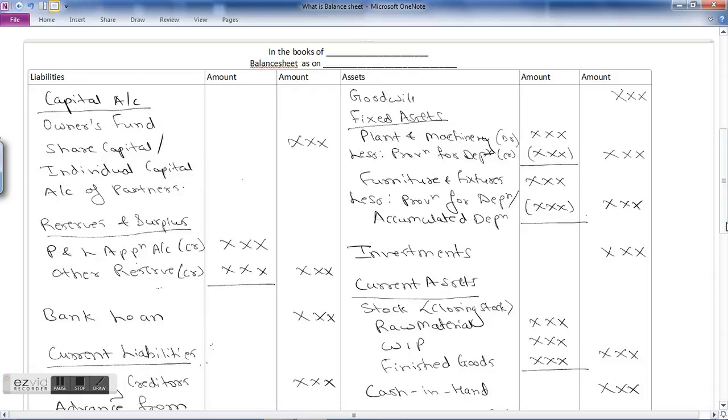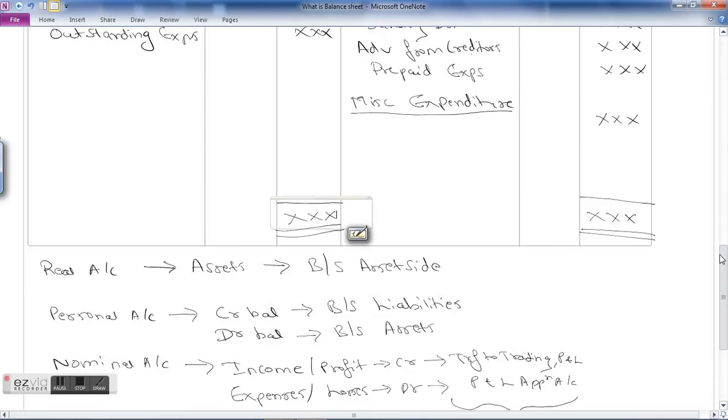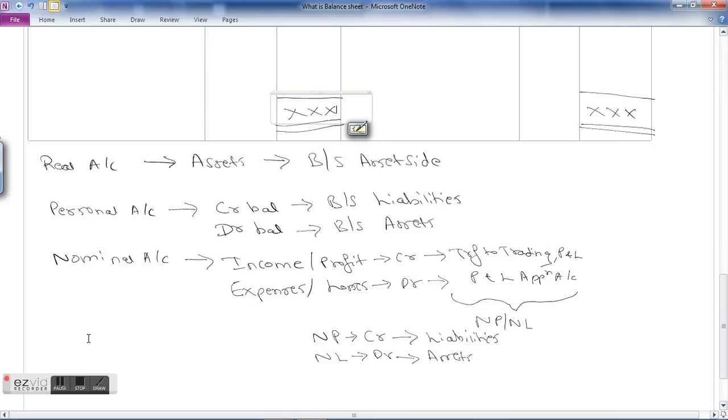That is, all the short term assets and short term liabilities are presented first, then the long term assets and liabilities, and at the end the capital account is presented. It depends on the organization, the nature of business and the statutory provisions in the particular country. So, this was about the balance sheet. Okay, thank you.